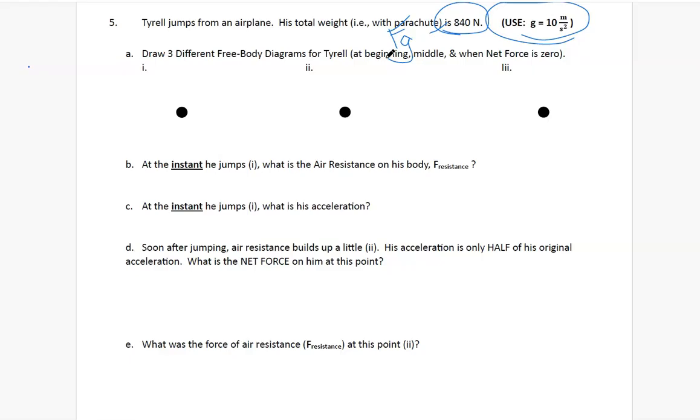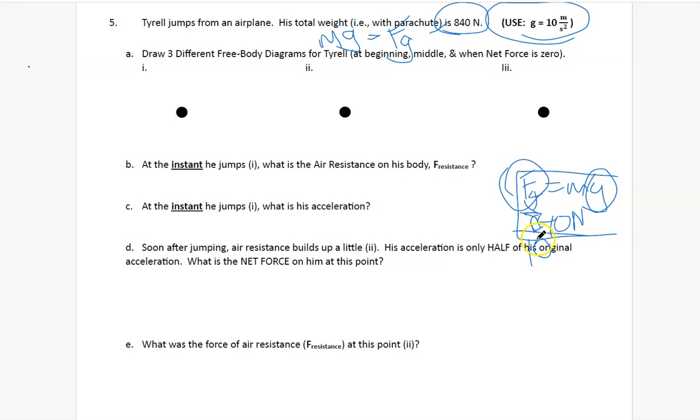All right. And we know that's equal to mass times gravity. I assure you this will be a good thing to do on the side. Calculate the mass. Remember, force of gravity equals m times g. So what you're really doing is taking the weight and dividing it by g. So you're literally taking 840 newtons of weight and dividing it by 10 meters per second squared, which you can do without a calculator.